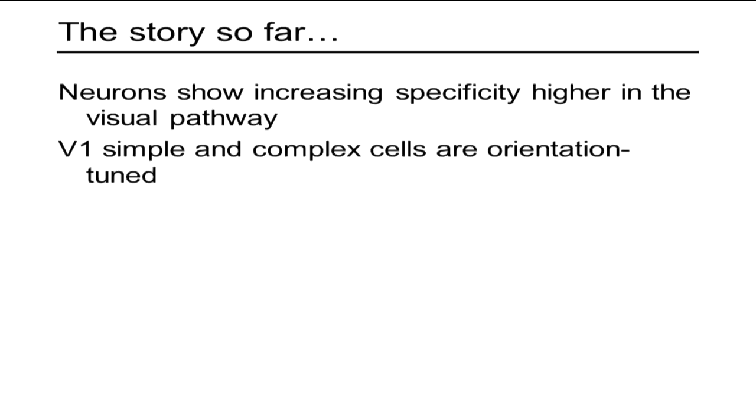You start with neurons that are basically like photoreceptors, then you go to neurons that are spots, then to simple cells that are oriented, then to complex cells that are oriented with shift invariance. The higher you go, they get more sparse and more specific, right? So we have learned that.